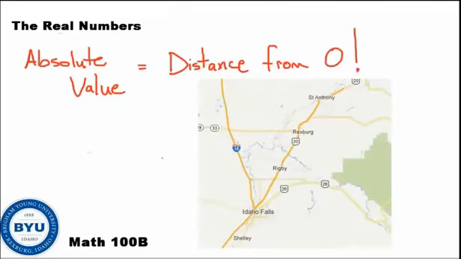The last topic we want to talk about when dealing with real numbers is something called the absolute value. Now, the absolute value is a measure of distance. So let's do an example here on the map really quick. Here's Rexburg. If I were to travel about 15 miles in the north direction on Highway 20, we'd arrive in St. Anthony.